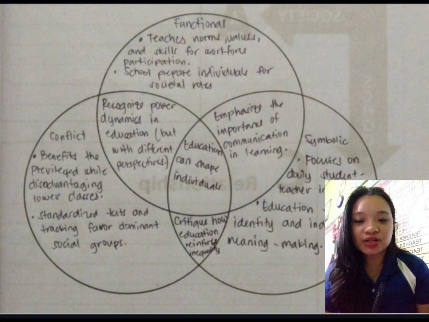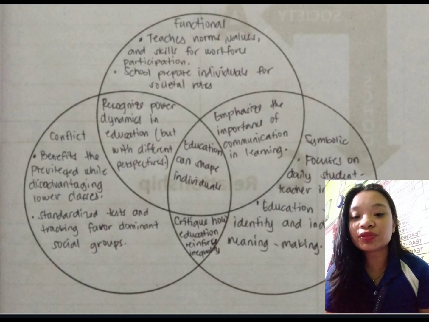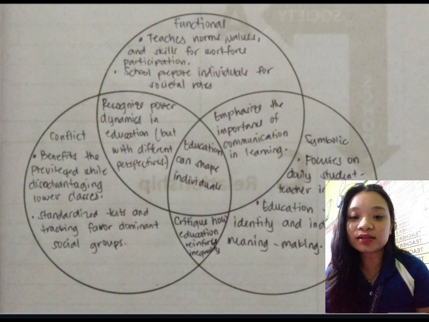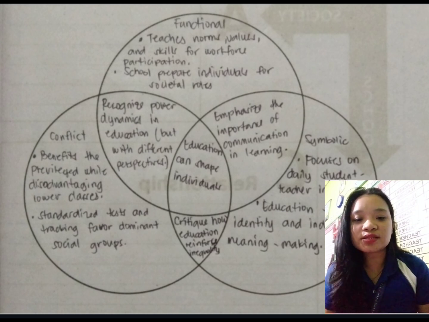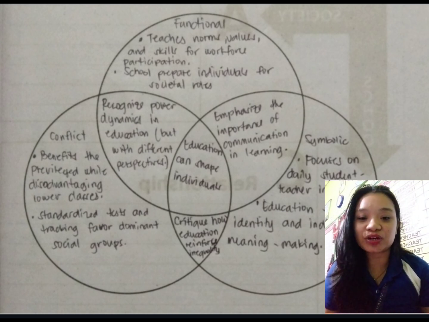Each theory addresses how education affects individuals, either by promoting social order, from functionalism, maintaining inequality, from conflict theory, or influencing individual self concept, from symbolic interactionism.